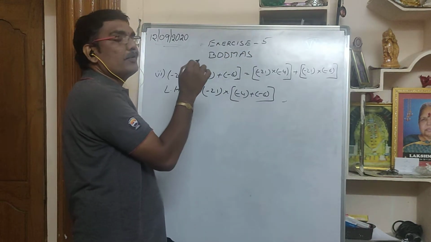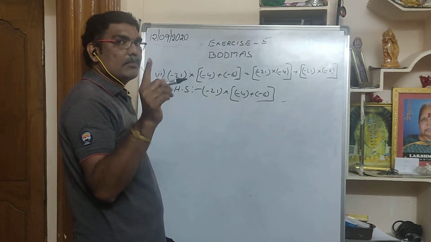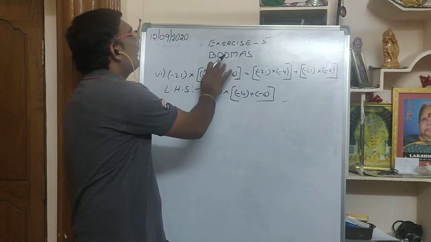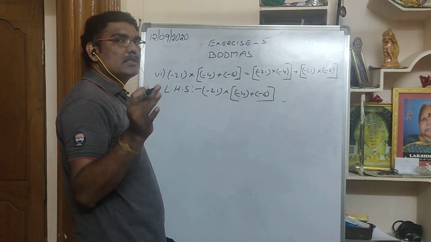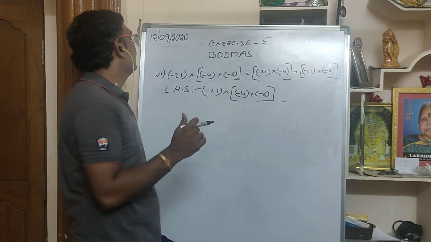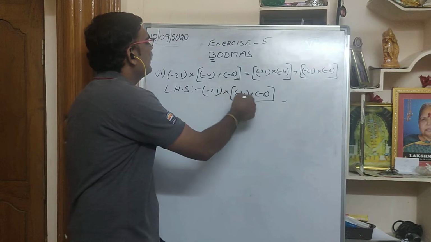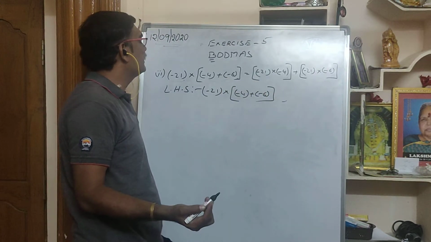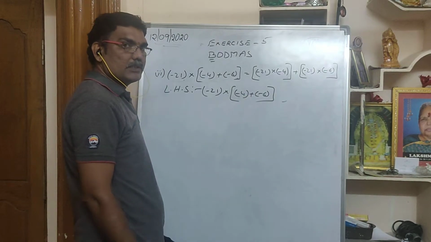If you apply this, every person will get the same answer. If you don't apply this rule, one person will get one answer, and that is not correct. B stands for brackets. These are called braces or brackets, both are the same. Within the brackets you have to simplify first.